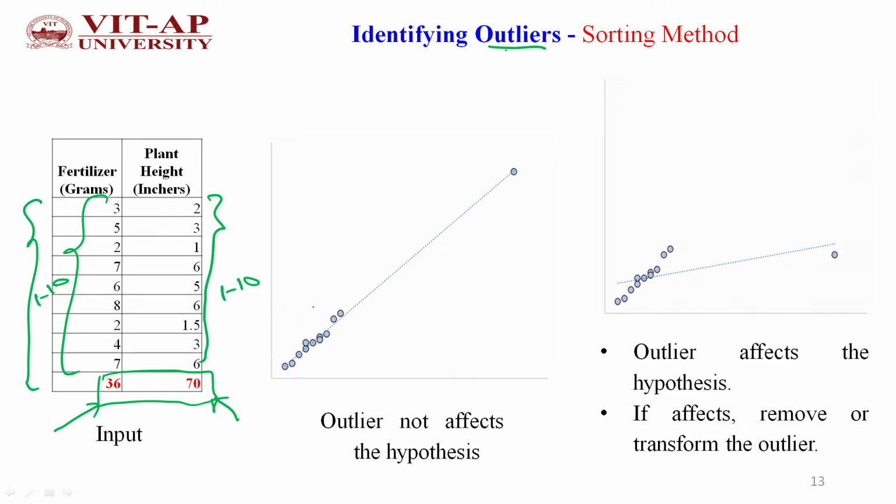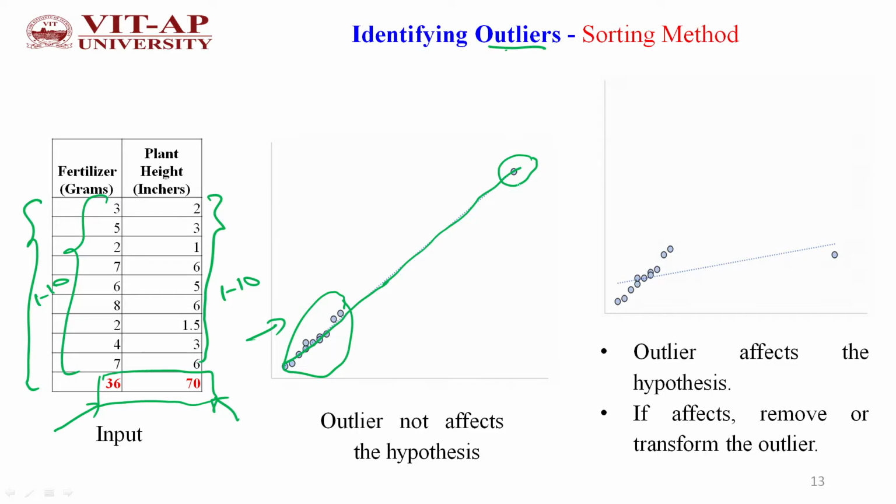Here you see in this plot we have a set of data. For this data we are drawing the regression line. This regression line always gives you the relationship between input variables and output variables. Here this group has each data point near to each other, but this data point is far away from the other data points.